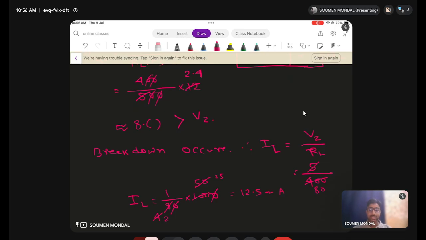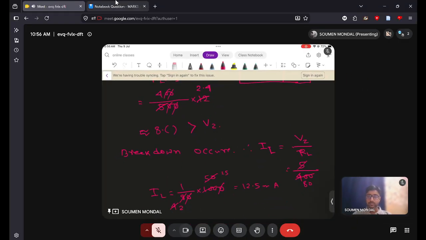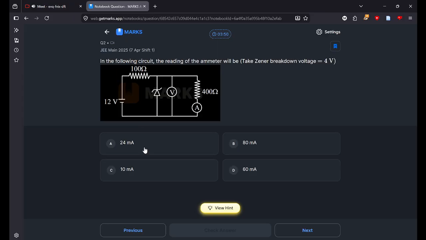Let's check the options. So we got 24 milliampere, 10 milliampere. So it seems like I made some calculation error somewhere. Okay, I understood where I made the mistake. The Zener breakdown voltage is not 5, it is 4 volt.